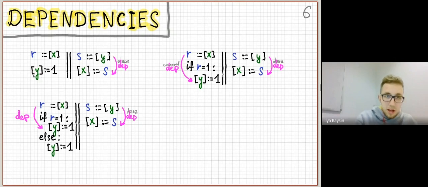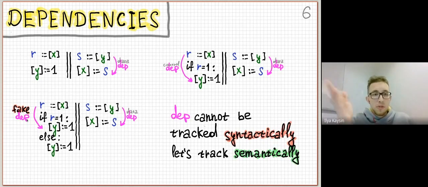After that, these instructions can be swapped. So in fact, there is no dependency from this instruction to that instruction. This is a so-called fake dependency. Although from the syntax perspective there is a dependency, from the semantical perspective there is no dependency.